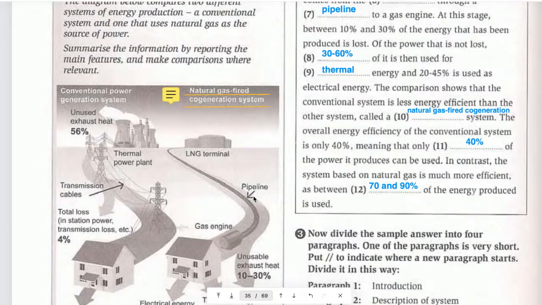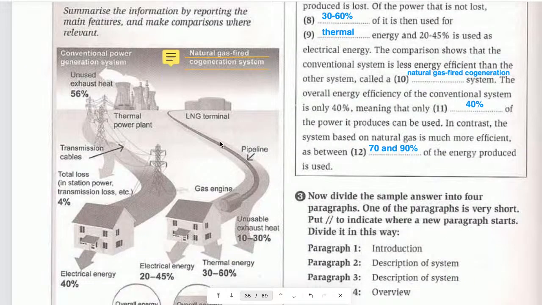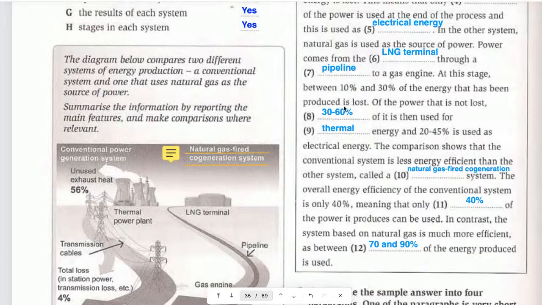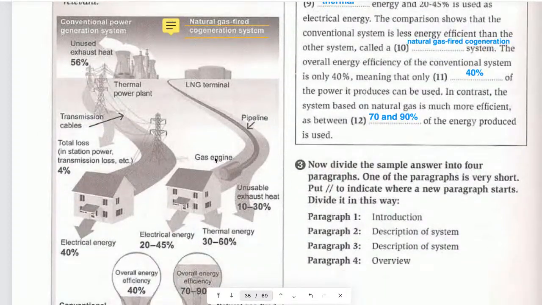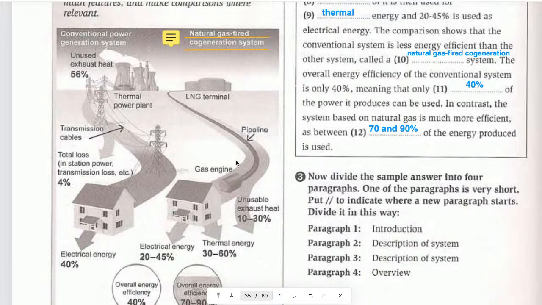You see they mention the name pipeline. So what you see in the picture or in the diagram, that's what they call a pipeline. So you just mention pipeline there. Power comes from the LNG terminal through a pipeline to what? To a gas engine. You can see the word gas engine right there as well. So it just describes the system. All right.